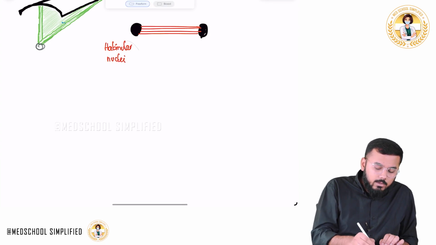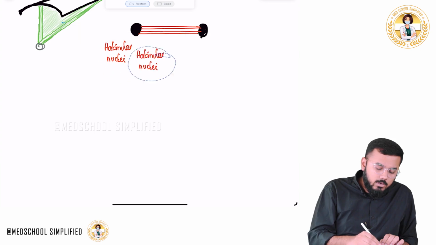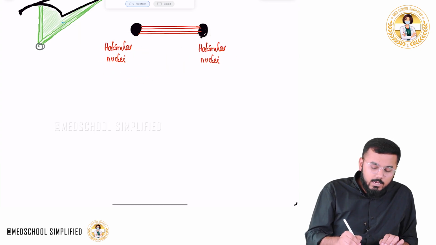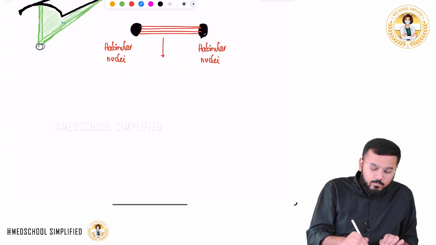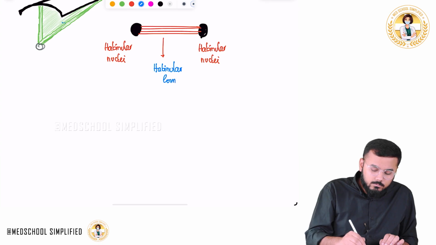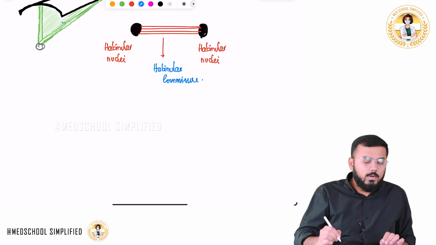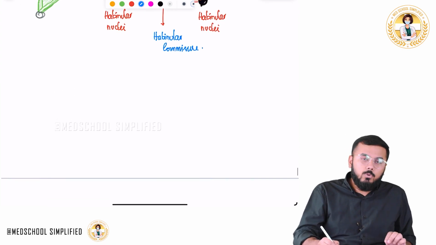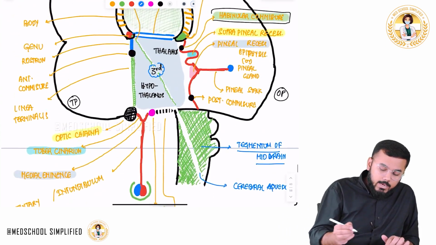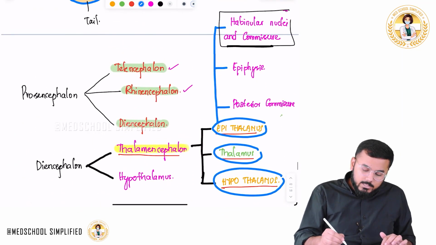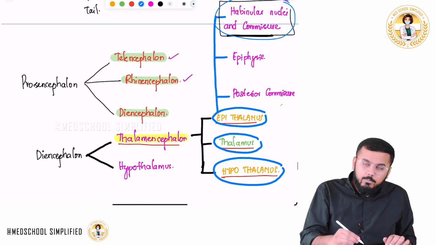So here also you have got habenular nuclei on the other side, and in between both of them you have got this part that is called as habenular commissure. Next important thing is that we have completely discussed what is habenular nuclei and habenular commissure.